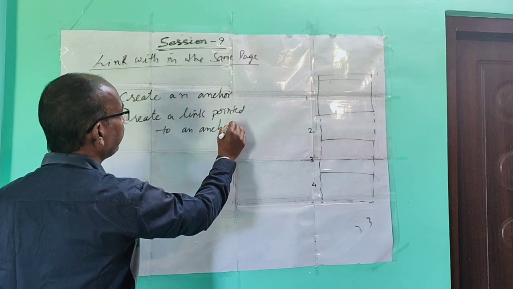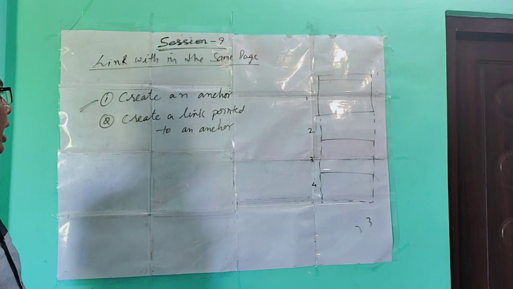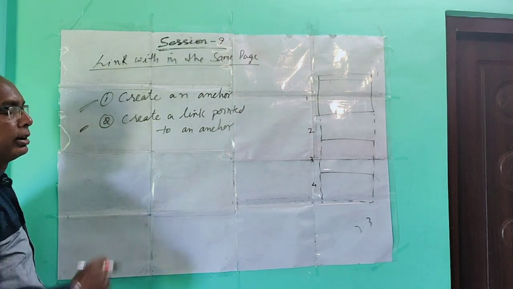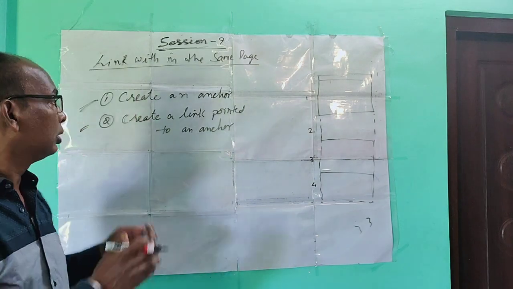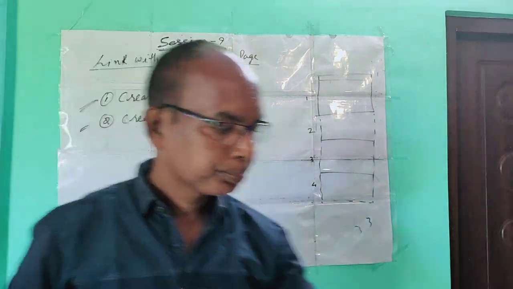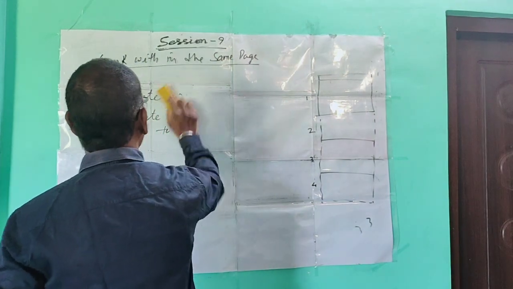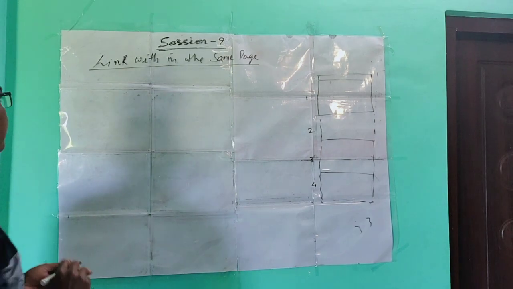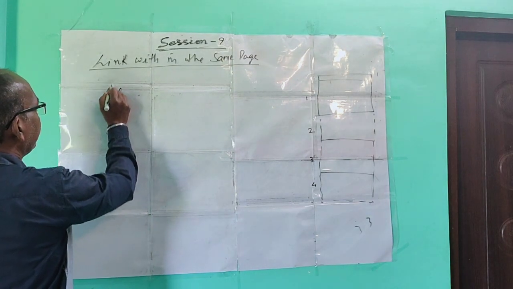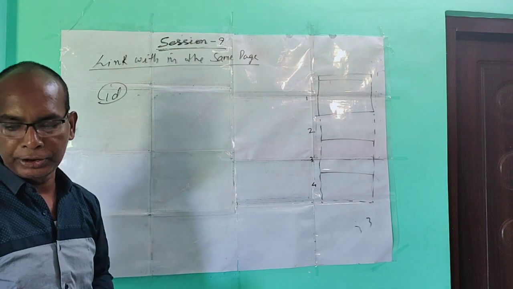So to link within the same page, one is create an anchor, the other is create a link pointed to the anchor. For this we need an attribute, that is the ID attribute. This attribute is used to link within the same page.